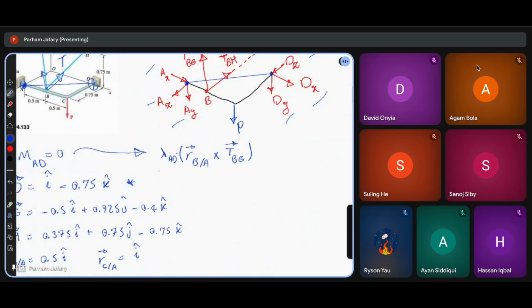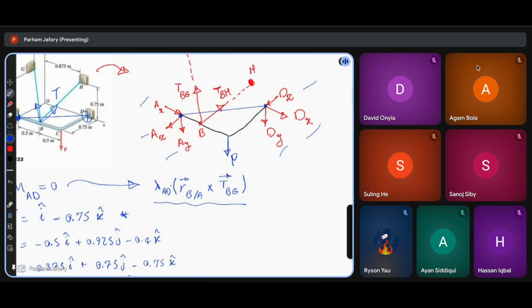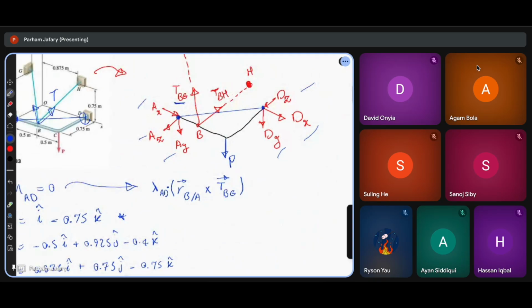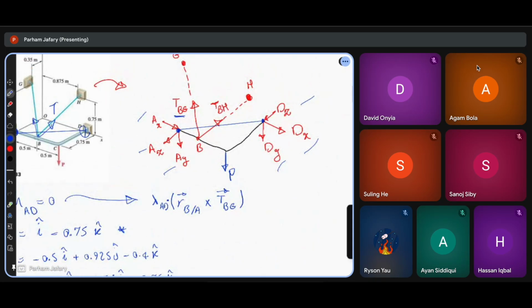Okay, so this part represents the moment caused by TBG, right? So similarly, you guys help me out how to write the second part. So for BH. Anyone wants to give it a shot? Exactly.